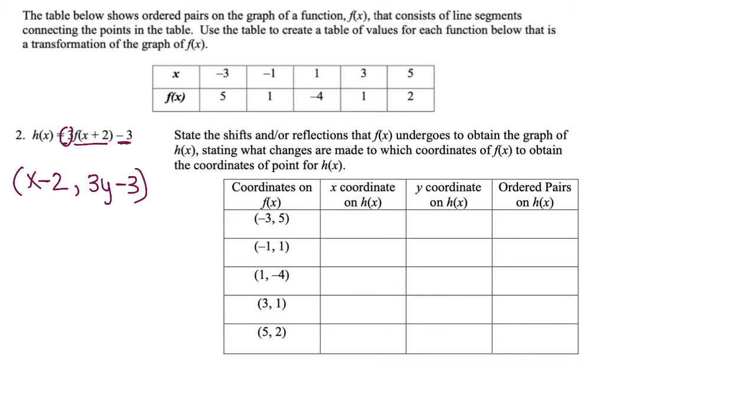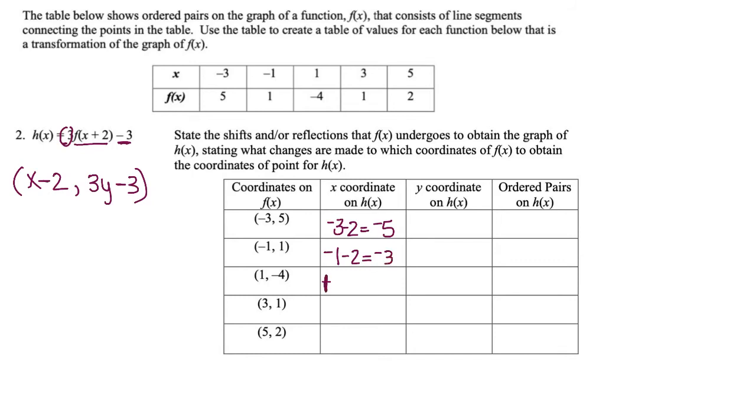And so let's see if we can do x first. X is subtracting 2. So negative 3 minus 2 is negative 5. Then the next one, negative 1 minus 2, is negative 3.